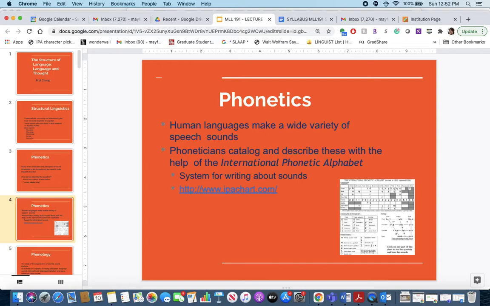So linguists have a way of typifying the sounds that we hear. You might have heard, or if you've been in my class, you might have practiced with the International Phonetic Alphabet. So this is just a system of writing about sounds, right? To me, a lot of the IPA is coordinated with English, right? Some of the sounds like "buh" are the same sound that you learned in elementary school, but some of the other sounds are very different, and they're written in a very different way, right?